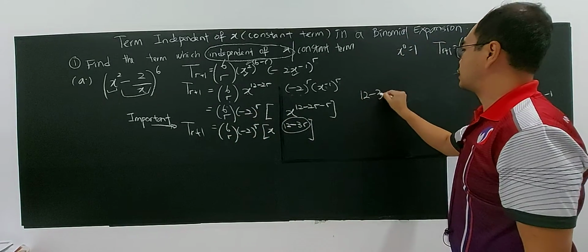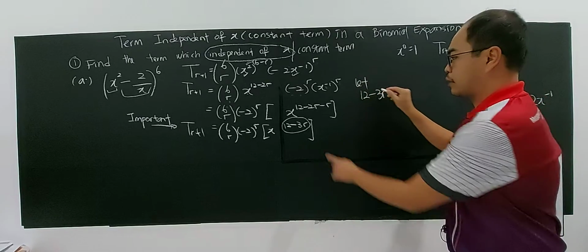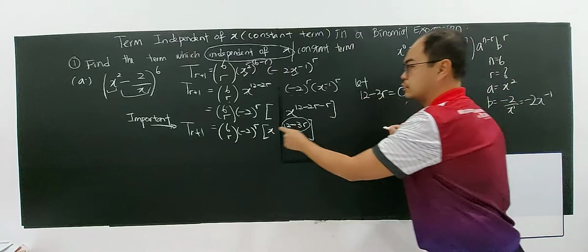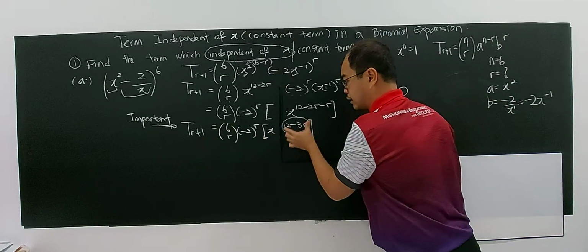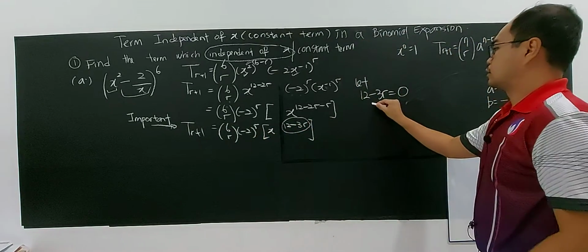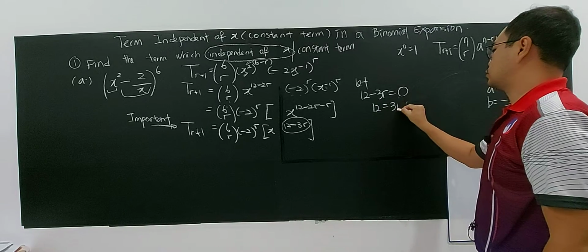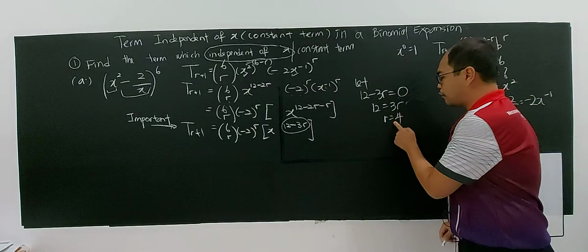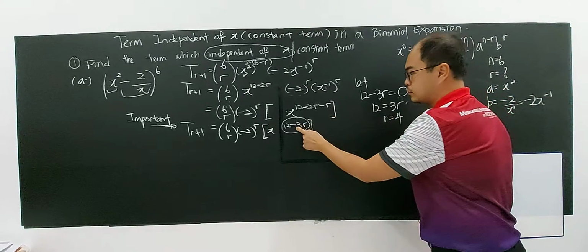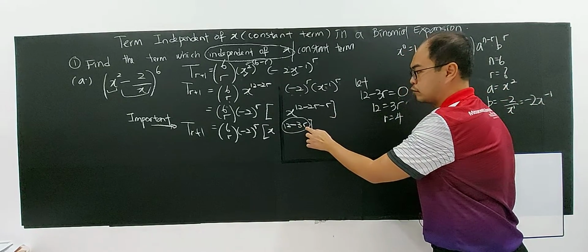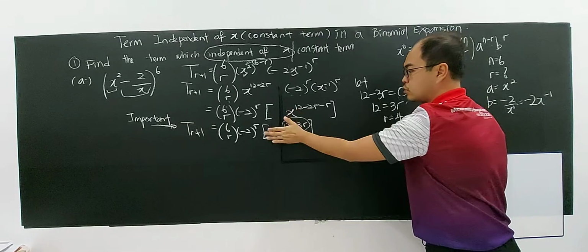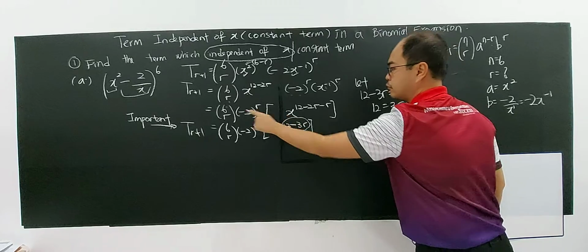So now you let 12 minus 3r equal 0. Now you can do this because there is only one x. So 12 equals 3r, so r equals 4. If you put r equals 4 inside here, 3 times 4 is 12, and 12 minus 12 is x to the power of 0, so this whole thing becomes 1 and you have only the constant.